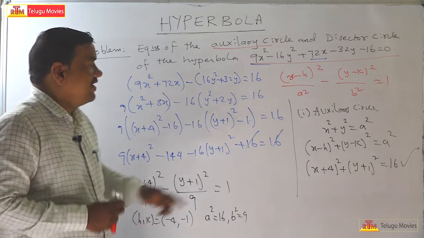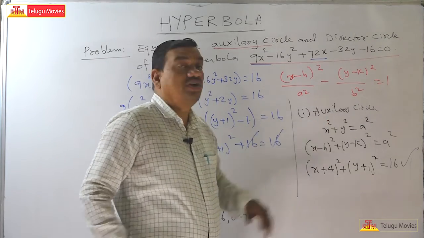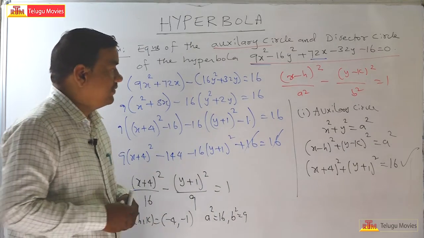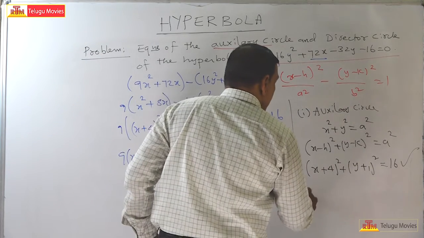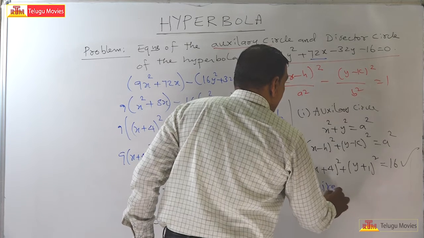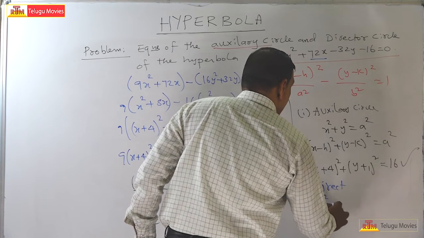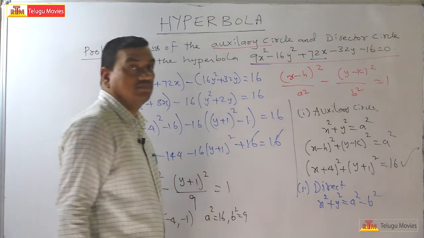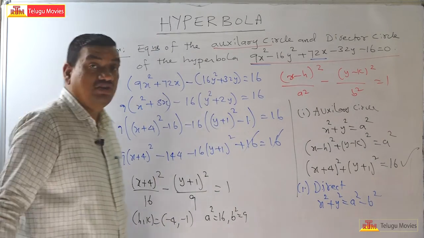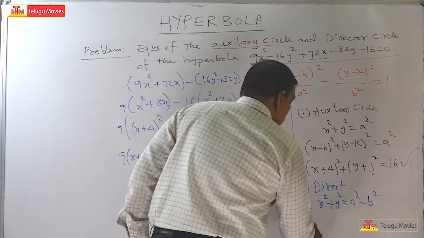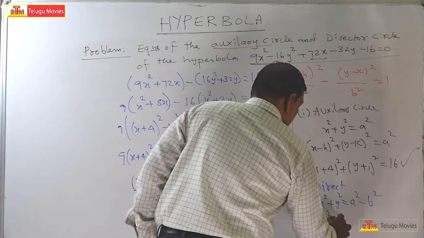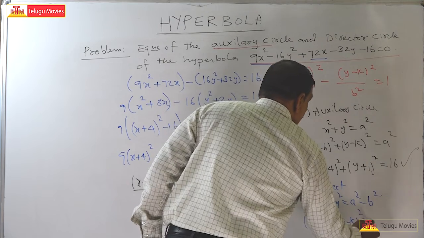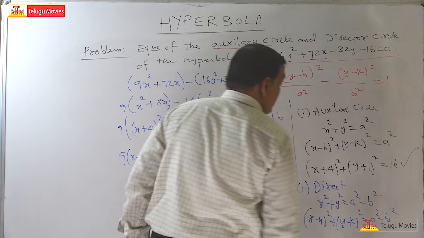So wherever x is there, substitute x minus h, wherever y is there, substitute y minus k. Next one is the director circle. What is the equation of the director circle? x square plus y square is equal to a square minus b square. Here it is x minus h whole square plus y minus k whole square is equal to a square minus b square.